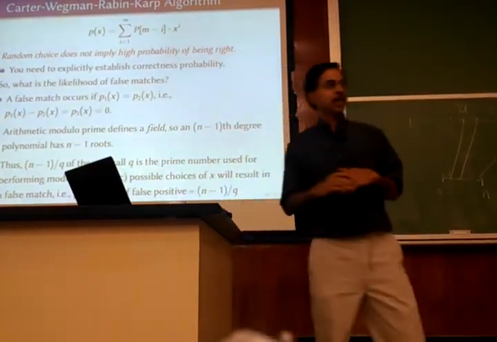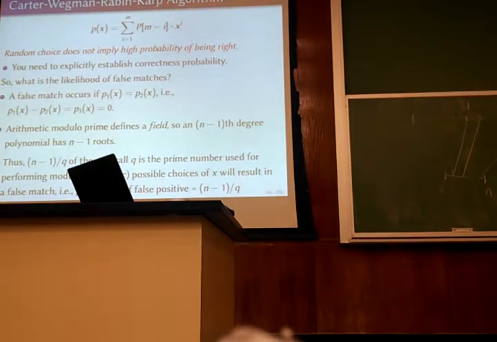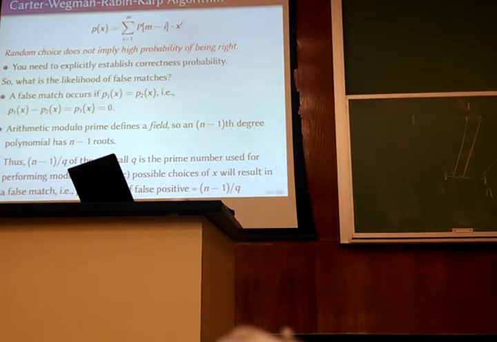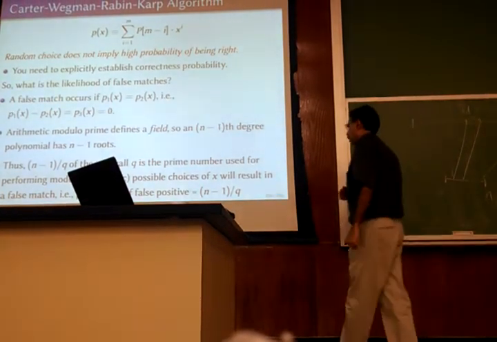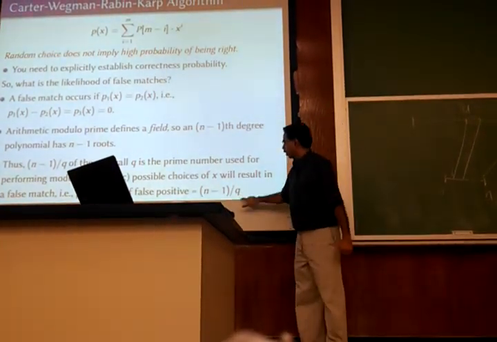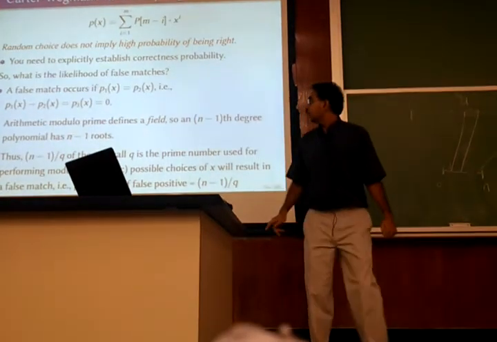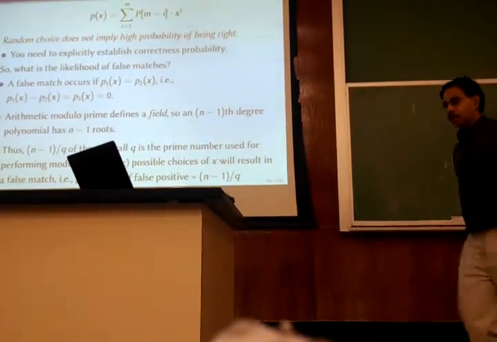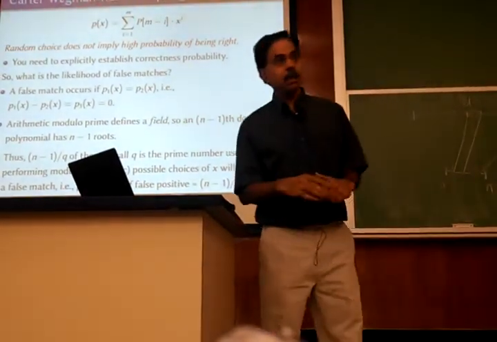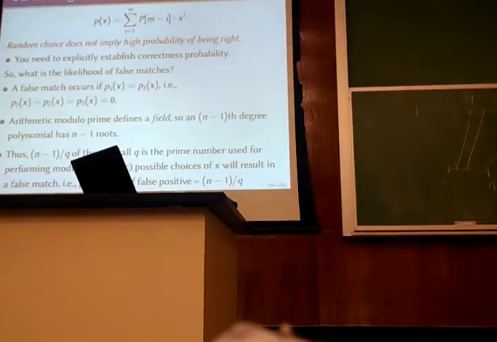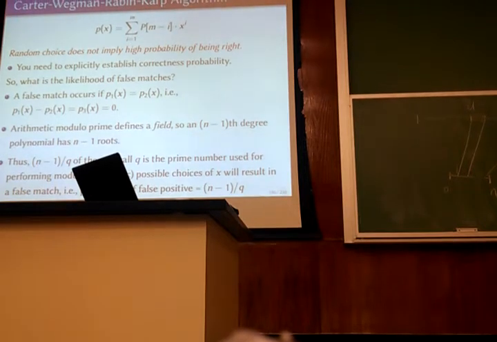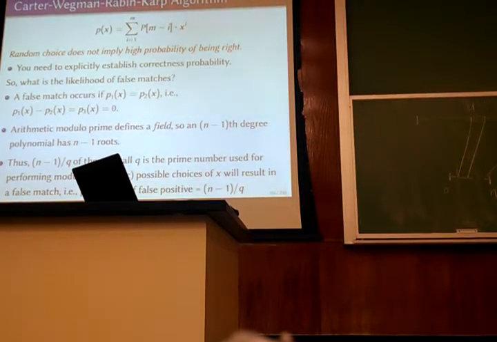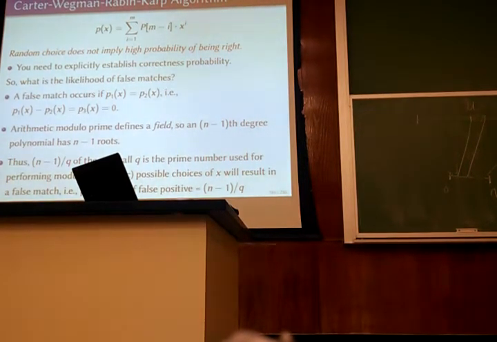But as it turns out, even when we evaluate it over a field defined by modulo arithmetic with respect to a prime number q, remember in the Rabin-Karp algorithm, we choose a prime number, and all the computation is done using modular arithmetic with respect to that prime number.